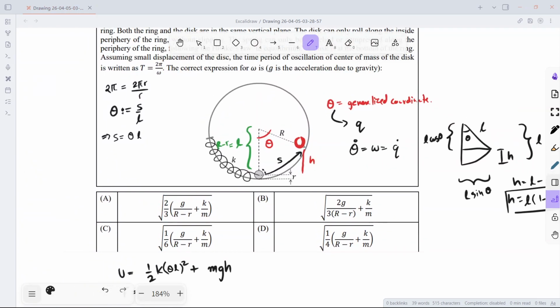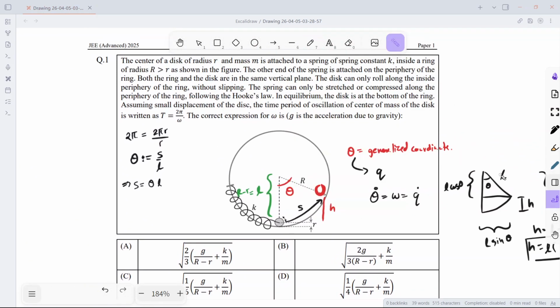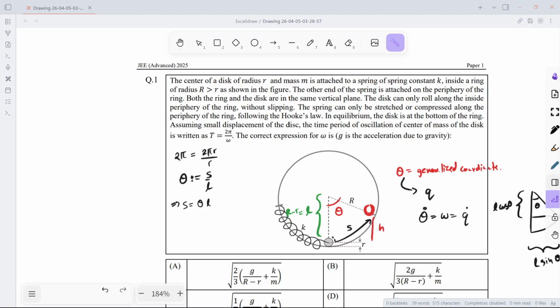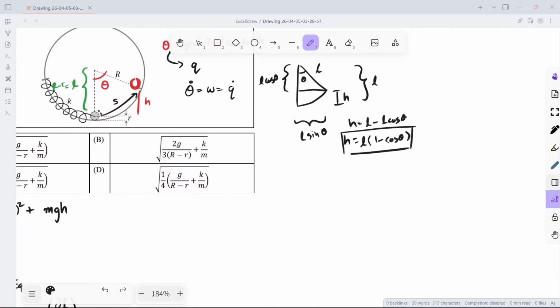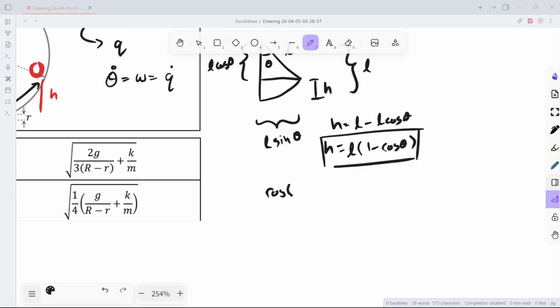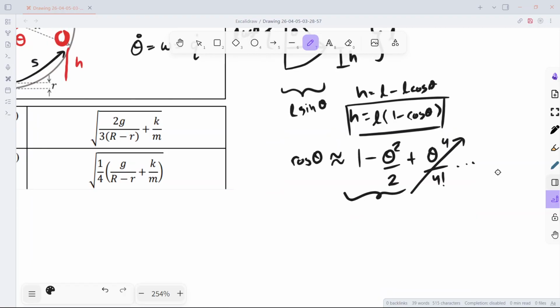I don't see any thetas here, and I've done problems like this in mechanics, but usually you want to look at this small displacement and realize that you're going to use a small angle approximation. Now, cosine theta is about 1, but the second Taylor expansion term is theta squared by 2. The others go like theta to the 4 by 4 factorial and so on, but really you can neglect these and only look at the first two terms.